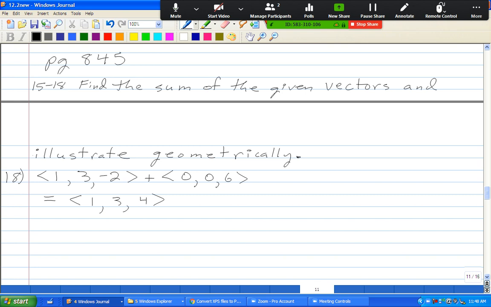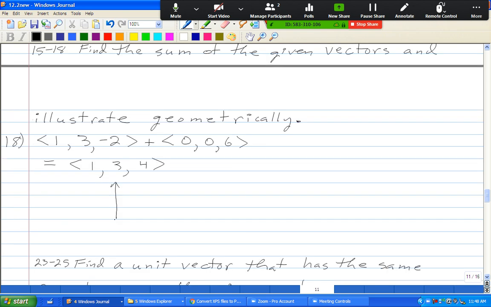Okay, so let me try to illustrate this as best I can. So this is x, y, z. Okay, so I have the vector 1, 3, negative 1, negative 2.